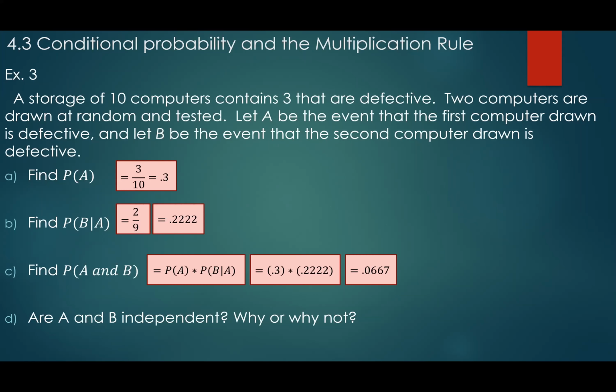Because of the conditional probability, for part B, the reason we have 9 is that we assume A has already occurred. That's what conditional probability is. A has already happened, and what is A? A is you take out one item, and that's why you subtract to give you one less.